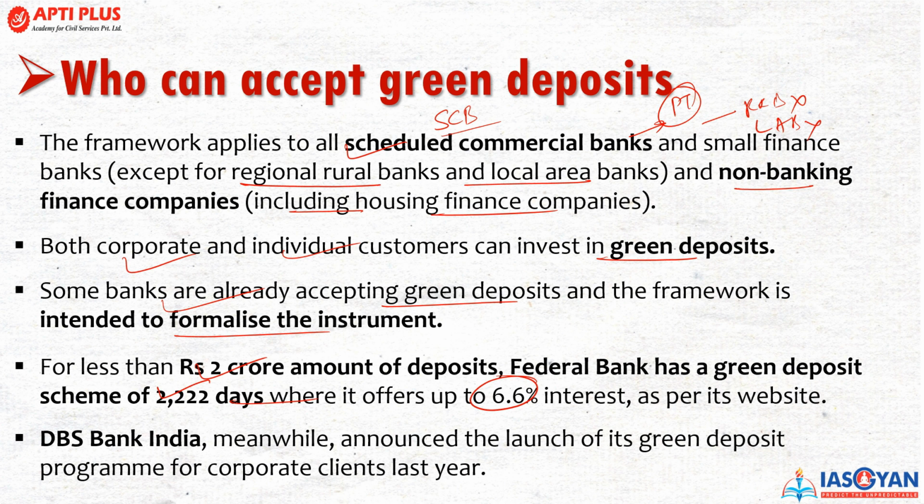Although if you see the fixed deposit, the range varies between 7.3 to 8.5 depending upon the category in which you are registering. If you are a senior citizen, the number is definitely above 8, right? DBS, that is the Development Bank of Singapore, operating in India as DBS India, announced green deposit programs for corporate clients last year.